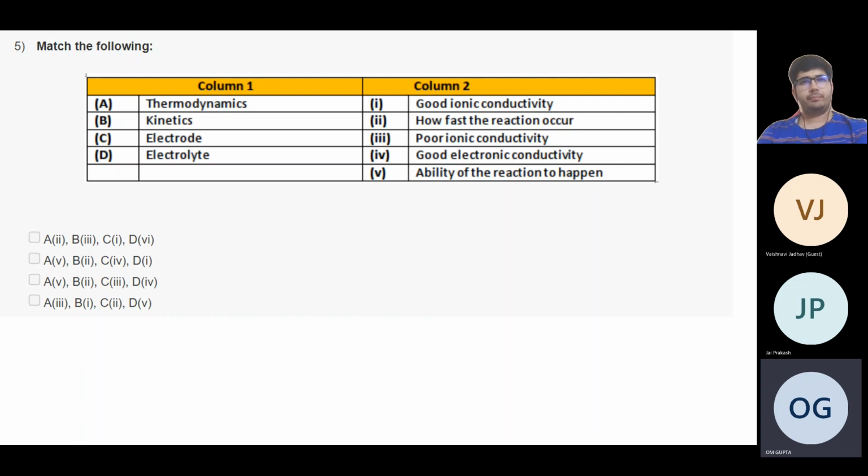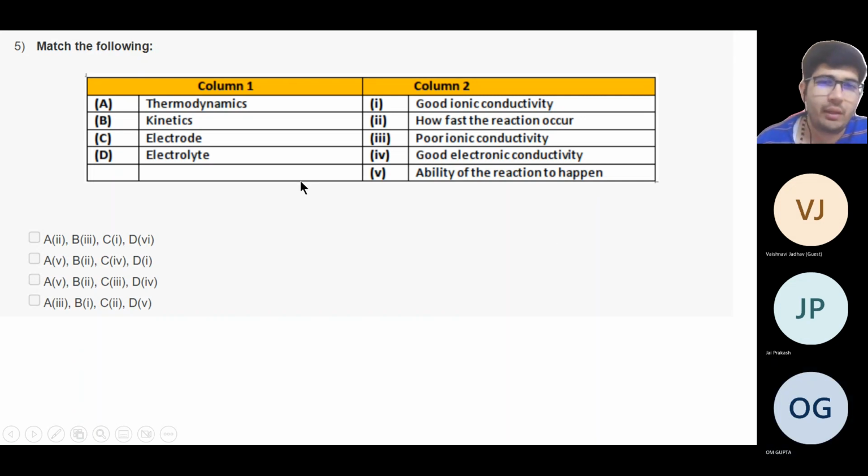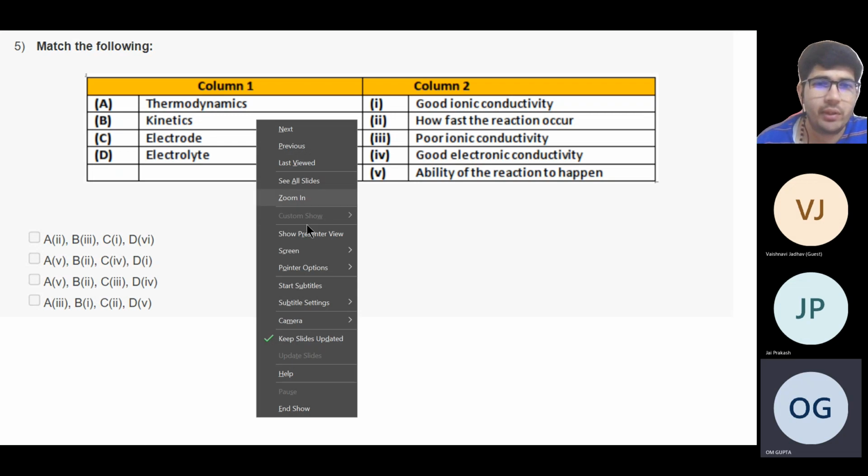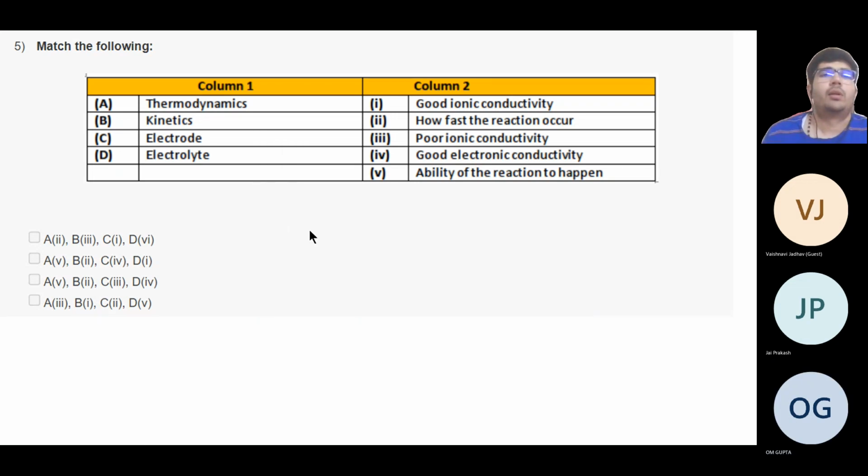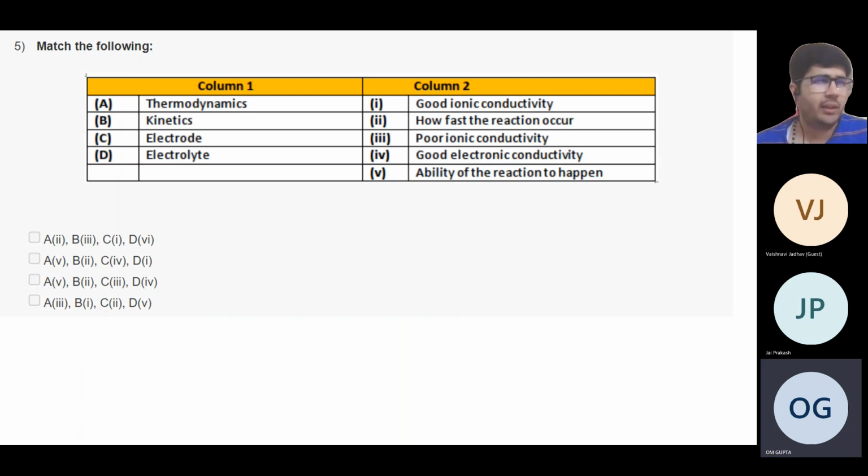Is there any chance that in the match the following also there are multiple select type answers? Yeah, because if it is not mentioned in the question, then it can be. And I think in our previous week, I don't know the exact number, we had two answers for the best following.